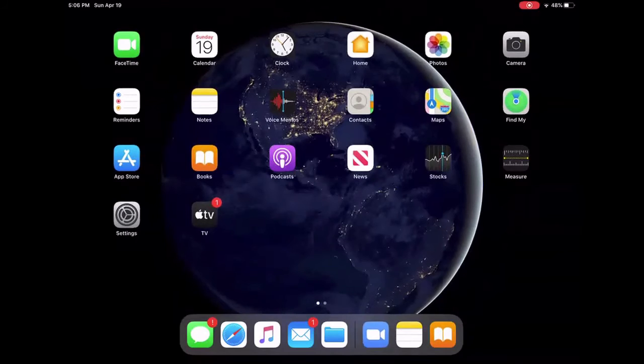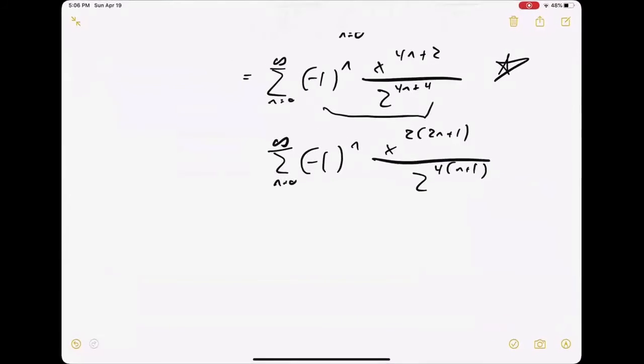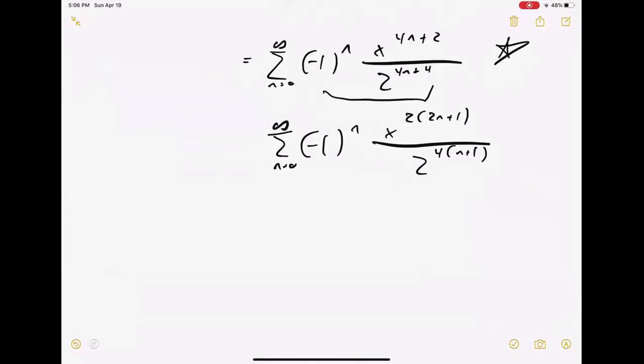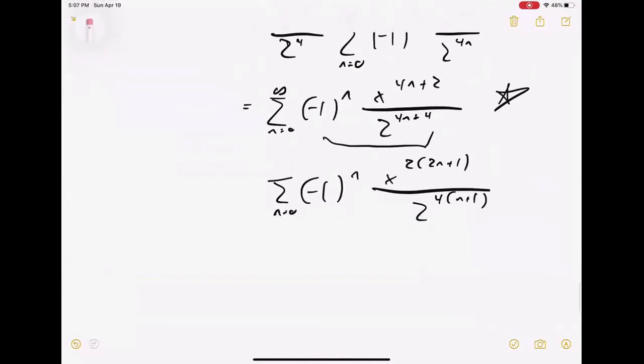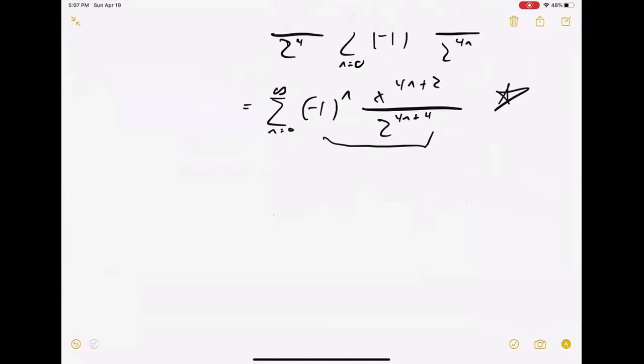Oh, and you know what? Let's go ahead and find the interval of convergence for this. So let's kind of use this one here. Finding interval of convergence comes down to ratio tests. So I do my a n plus 1 over a n. Okay, what would that give me?